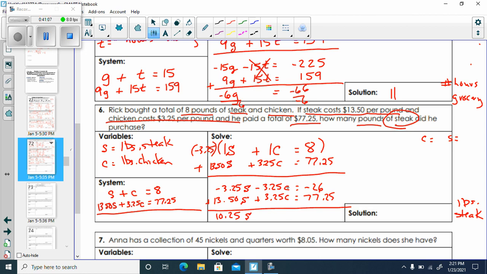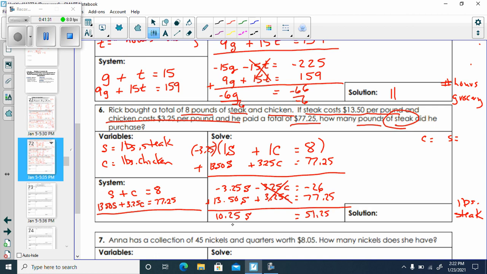And this negative 3.25c plus 3.25c gives you 0, so that is eliminated. You've eliminated the c. Negative 26 plus positive 77.25. Okay, that's 51.25.